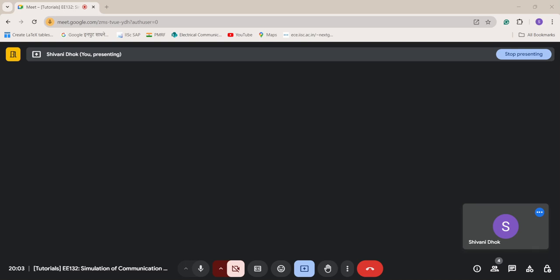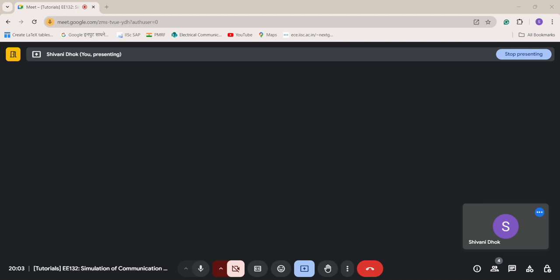Then again I'll generate random indices for getting constellation points. Then I'll get the constellation points from this. Then I'll have this noise, but now this noise will be complex. So the noise should be a random variable plus 1i times rand(n,1).